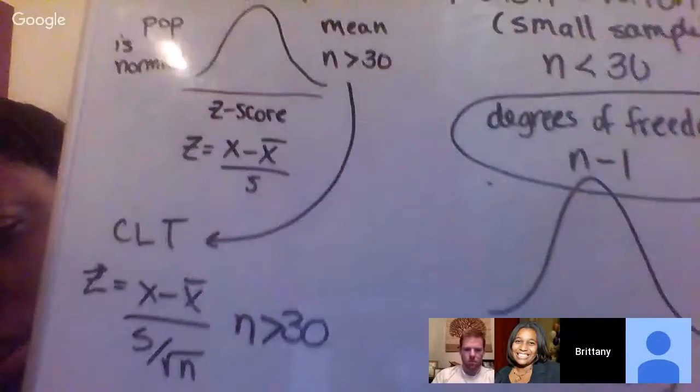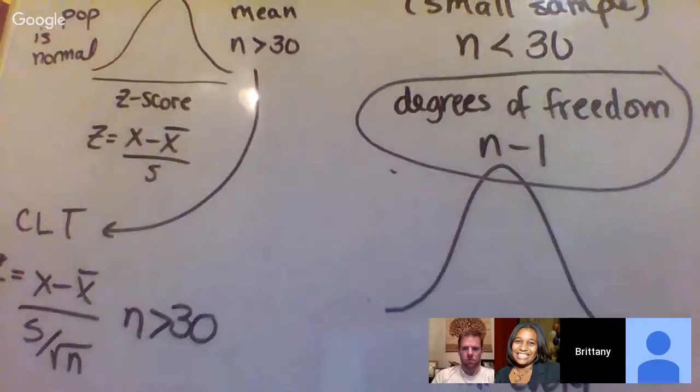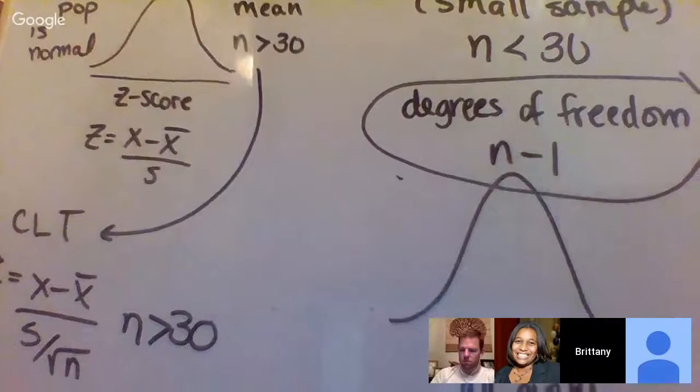So is there an easy way to tell which situations require which estimators or tools? Absolutely. And here's, so there was a question, what's the degrees of freedom on the whiteboard?